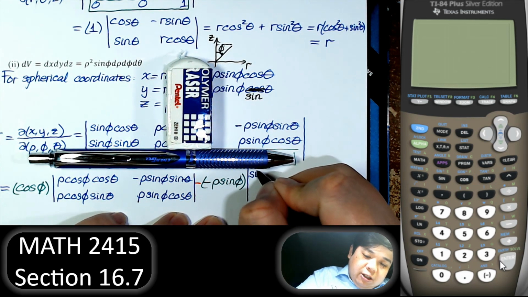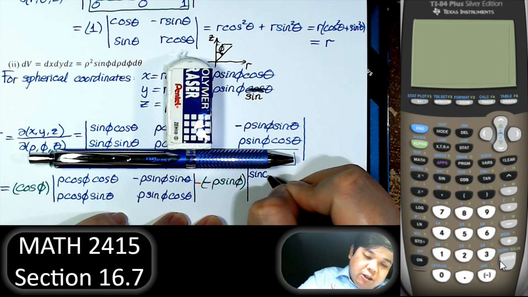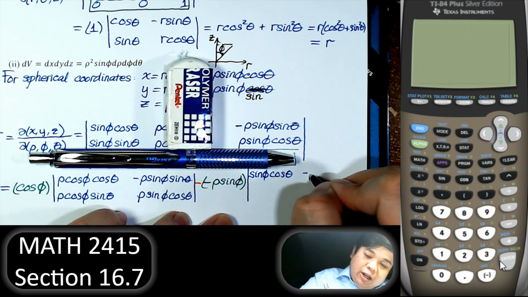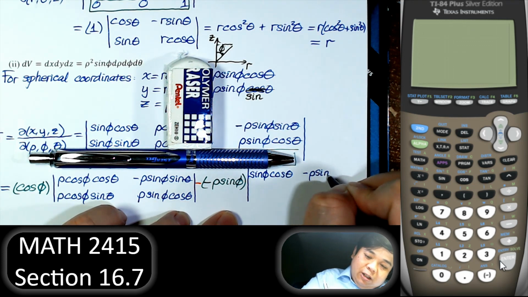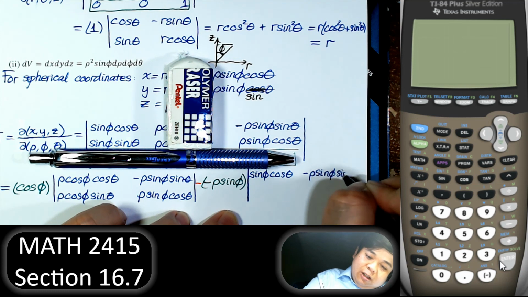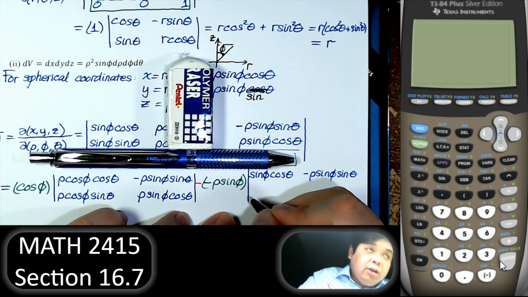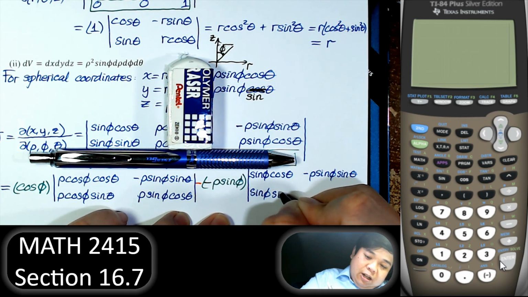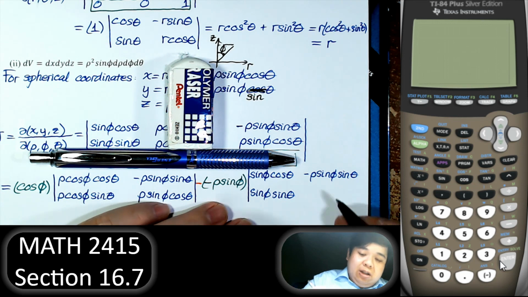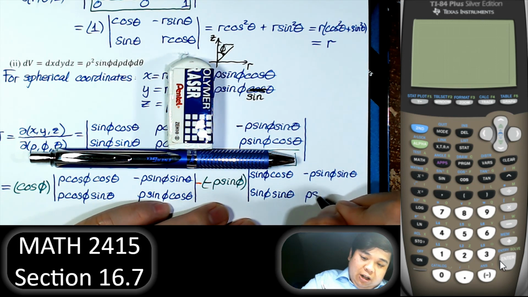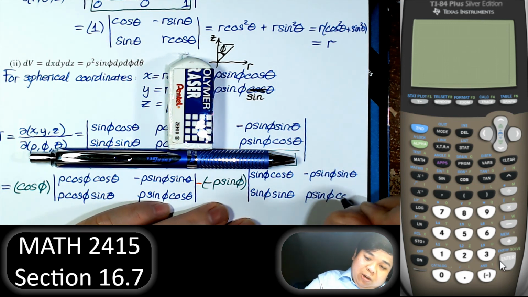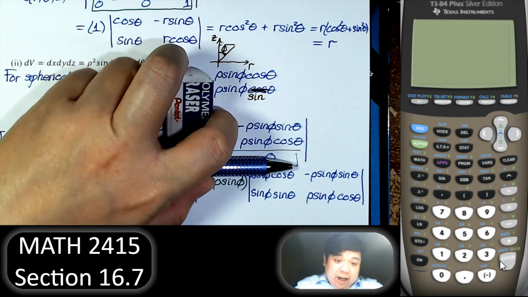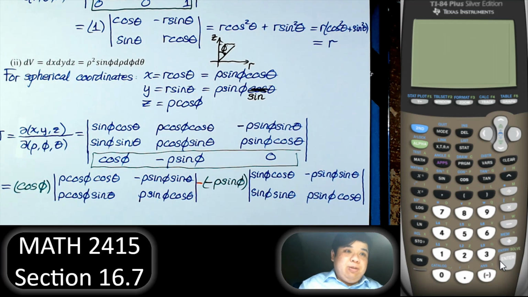So I have sine phi cosine theta, negative rho sine phi sine theta, sine phi sine theta, and rho sine phi cosine theta. And the last one is 0. We don't have anything, so that's all we have.